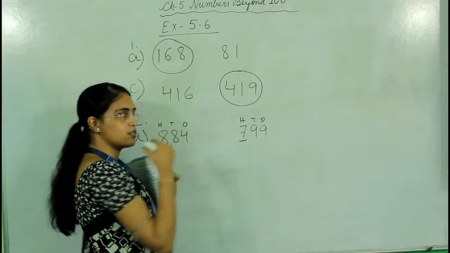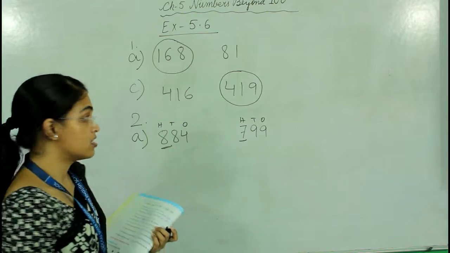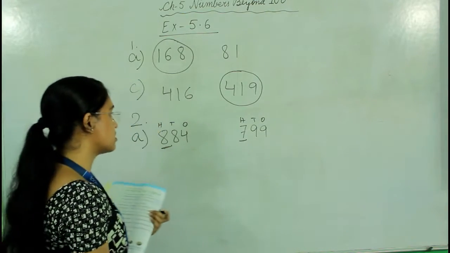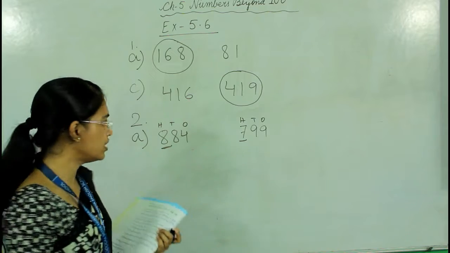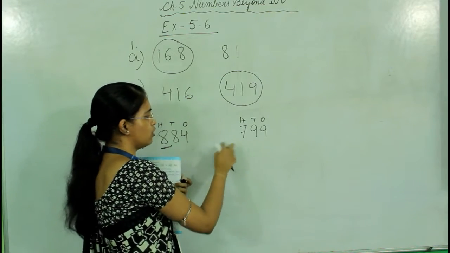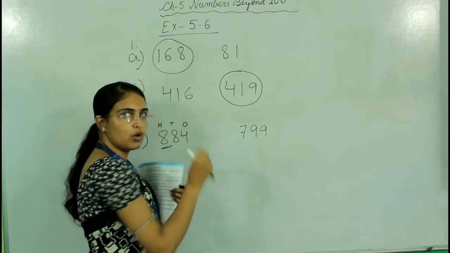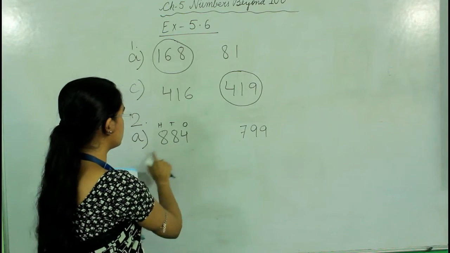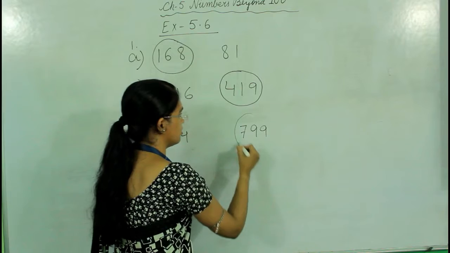Is 8 smaller or is 7 smaller? Yes, 7 is smaller. That means 799 is smaller than 884. Okay? So in this question we have to circle the smaller number. So which number will I circle? Yes, 799.